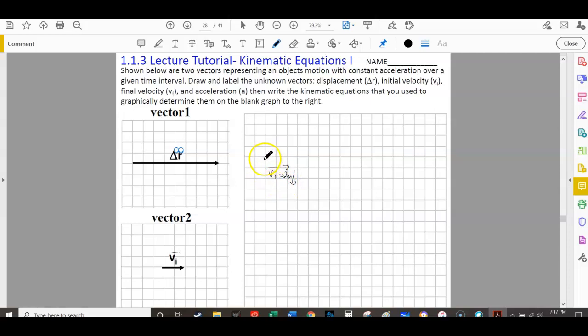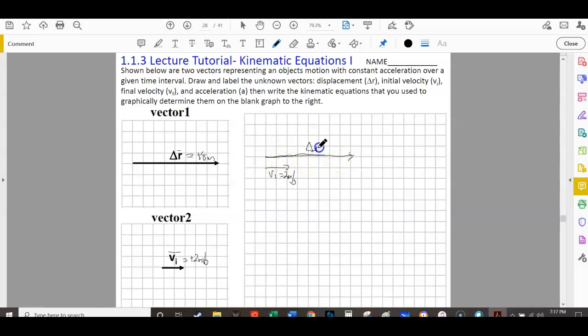Well, we know your entire displacement vector is going to be 1, 2, 3, 4, 5, 6, 7, 8. So this is going to be plus 2 meters over the period of a second, plus 2 meters over the period of a second, and your displacement vector is positive 8 meters. Okay, so I'm going to lay out the displacement vector on top of this, which is 1, 2, 3, 4, 5, 6, 7, 8.